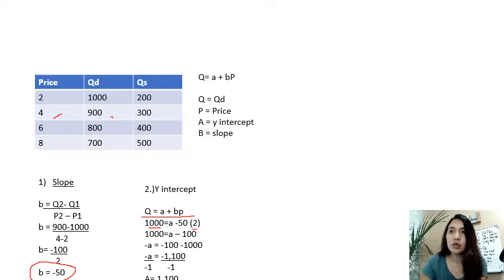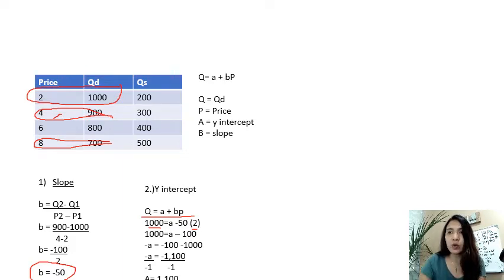I just use this. I replace Q or QD with 1000. I replace P with 2. Can we use 700 and 8? Can we use this? Yes. The answer is yes. You can use those combinations. So I just use 1000 and 2 for ease.